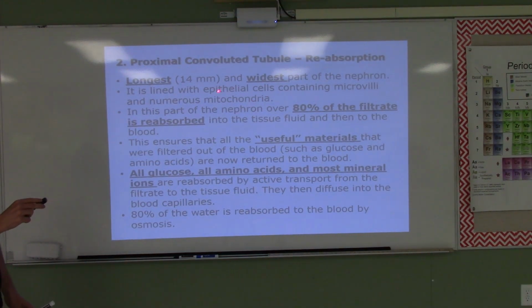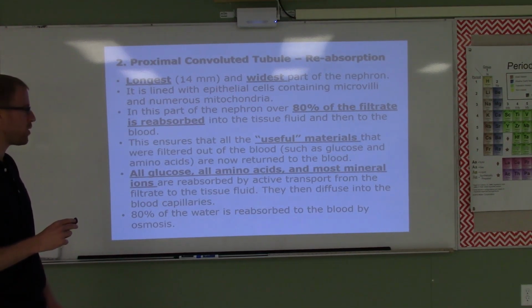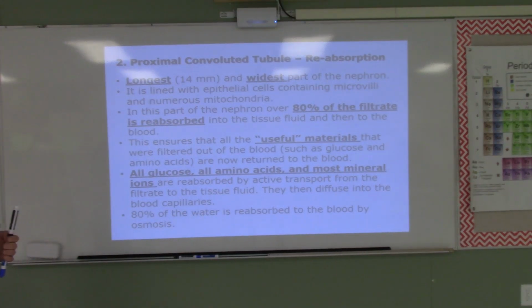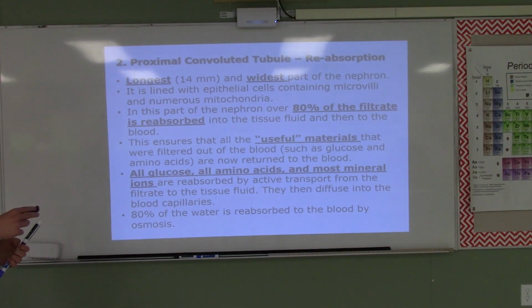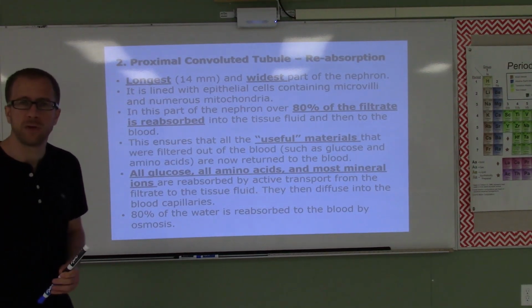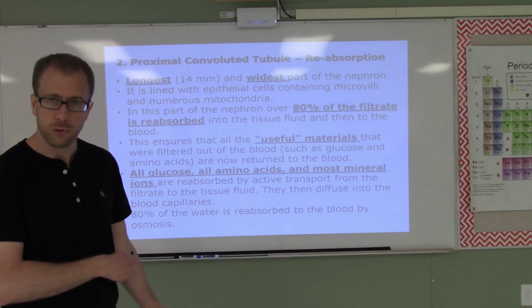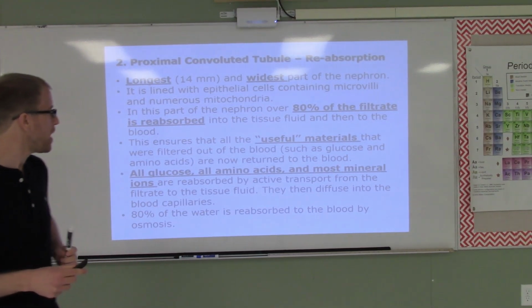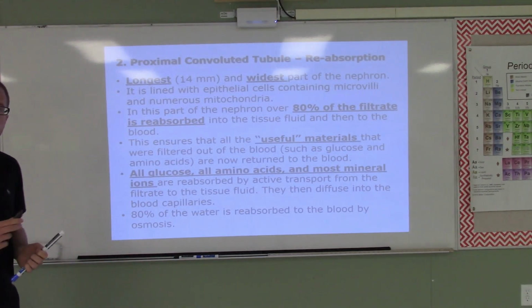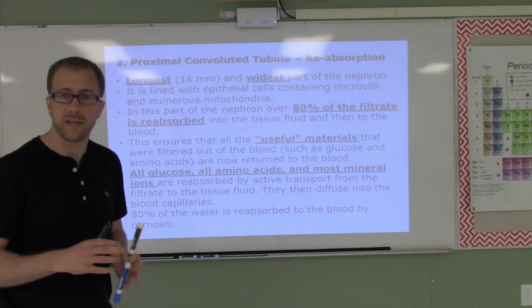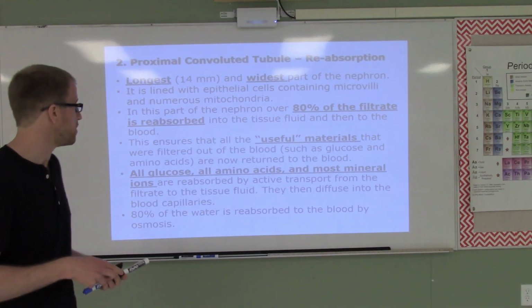It is lined with epithelial cells containing microvilli and numerous mitochondria. The reason for that is because we want to absorb as much of those useful materials as possible. So we will actively transport them, which requires energy, up their concentration gradients. So again, this is active transport for a lot of these substances.